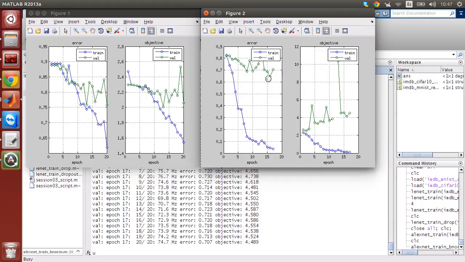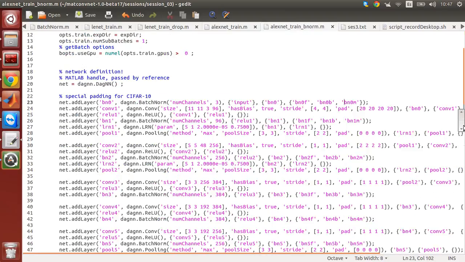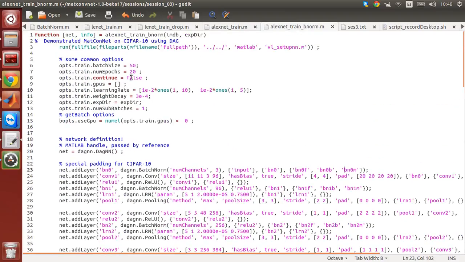But originally, batch normalization was proposed to be before the nonlinearity, so just after the convolution. So I'm also leaving you the task of placing batch normalization before the nonlinearities, but see what happens to the convergence of the method. And also try to experiment a little bit changing the batch size, as I said before, to check that it actually helps to reduce the overfitting.